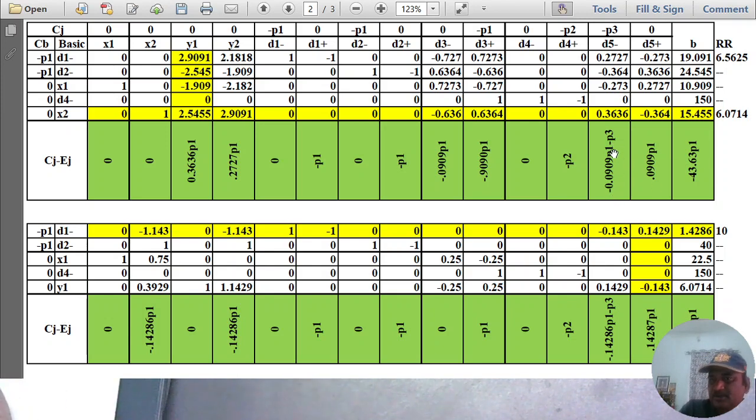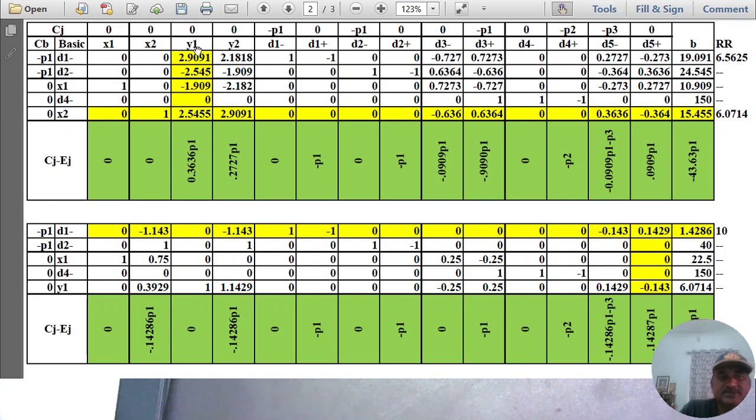Once the coefficient for P1 is negative, that column doesn't qualify, that variable doesn't qualify to give you the entering variable. This coefficient is 0.0909. So amongst all, this is the maximum positive, so this will become the entering variable. All right.